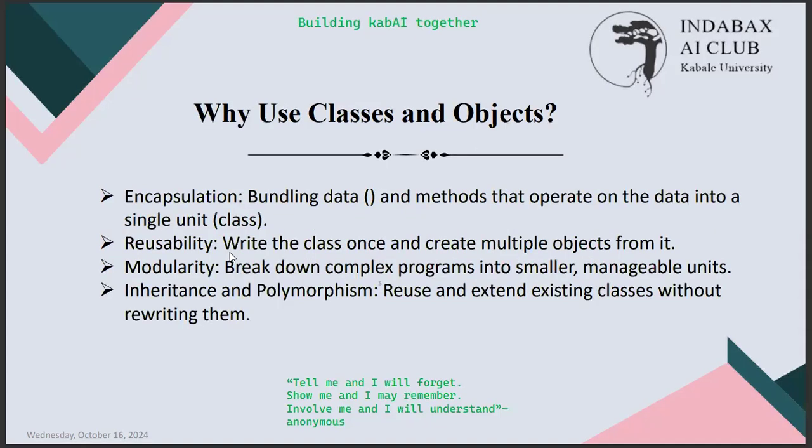So why do we use classes and objects? First of all, to enable encapsulation. So this enables us to bundle data and methods that operate on the data into a single unit.